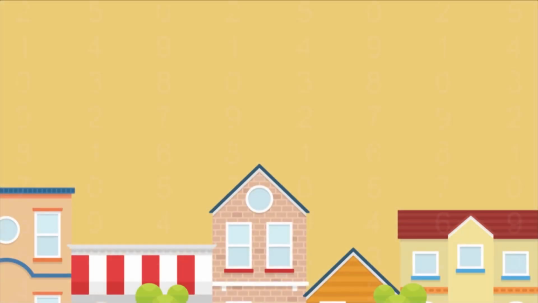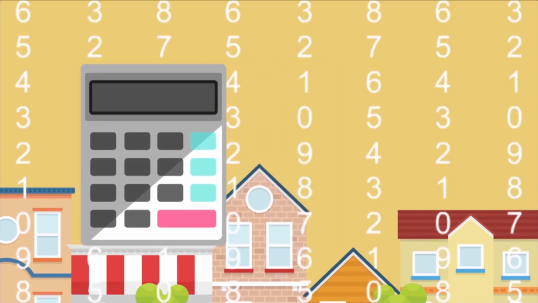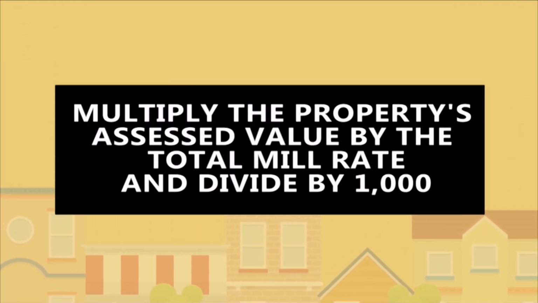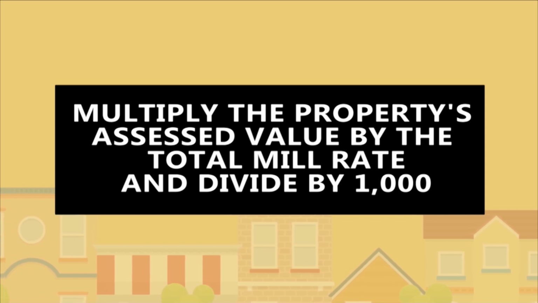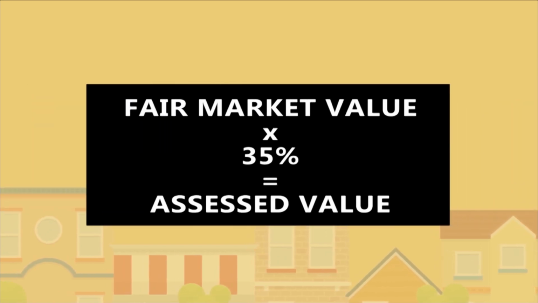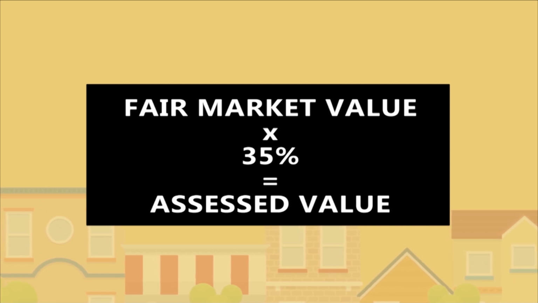So let's go to that formula for calculating property taxes. To arrive at the amount of property taxes a taxpayer owes, the formula is to multiply the property's assessed value by the total mill rate and divide that by 1,000. Expressed as an equation, the process looks like this. Fair market value times 35% equals the assessed value.